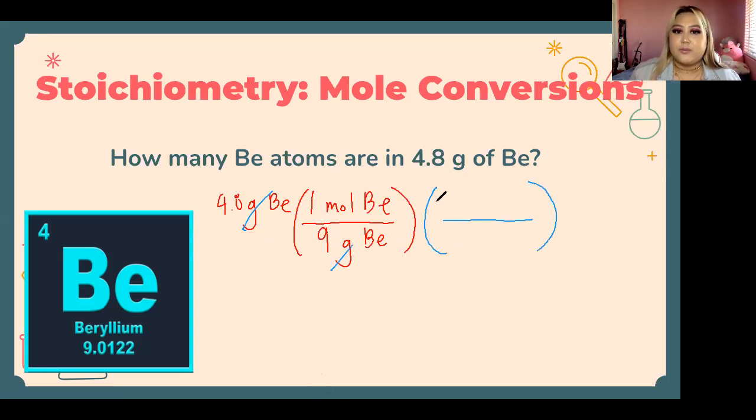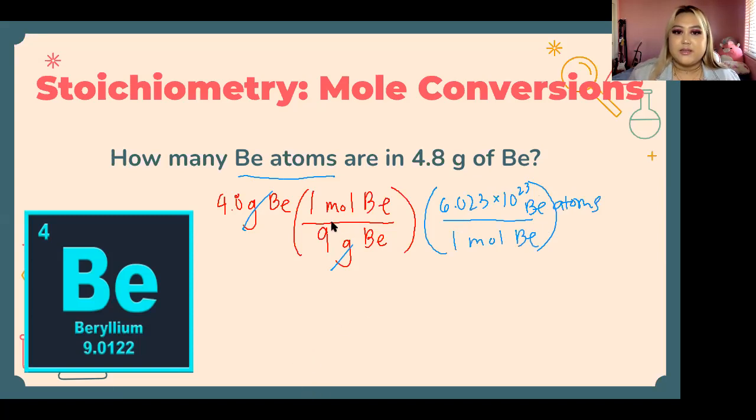And then what about this conversion factor, because we're not yet at atoms? Avogadro's number. Will his number be on the top or the bottom? The top. 6.02 times 10 to the 23 Be atoms, then 1 mole Be.